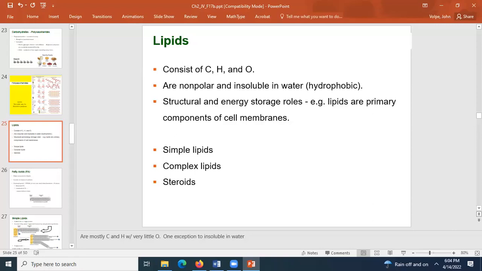Lipids are a primary component of the cell membrane, and we'll talk a little bit about that when we talk about the molecule that makes up the cell membrane. We can break lipids into three groups: simple lipids, complex lipids, and steroids. Any question about any of that?